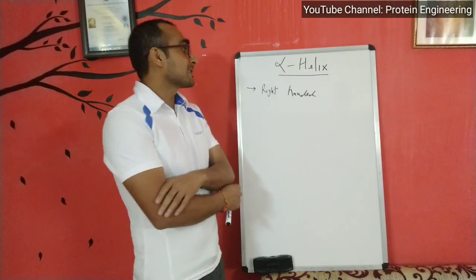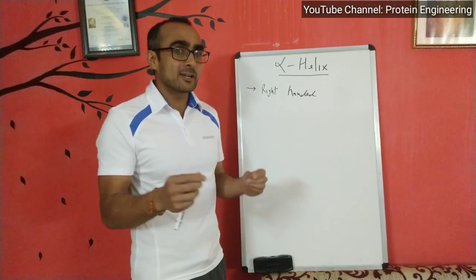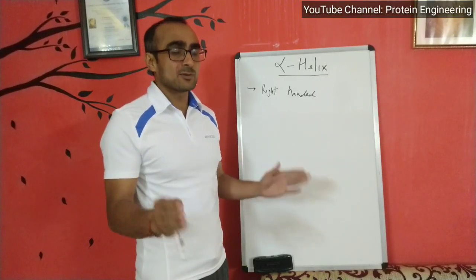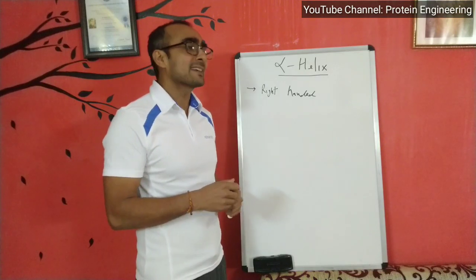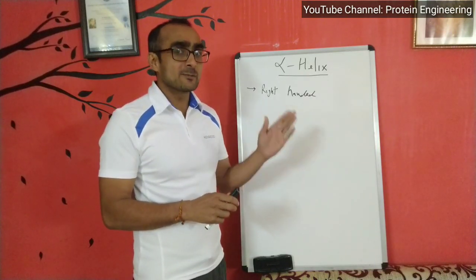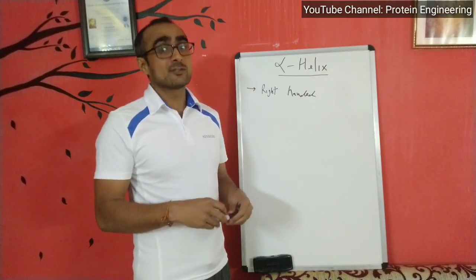What Linus Pauling thought was to have a chain of amino acids, a polypeptide chain, in as extended a conformation as possible, and at the same time to maximize the number of hydrogen bonds between the peptide groups CO and NH in that polypeptide chain.